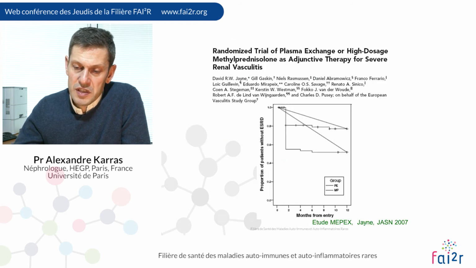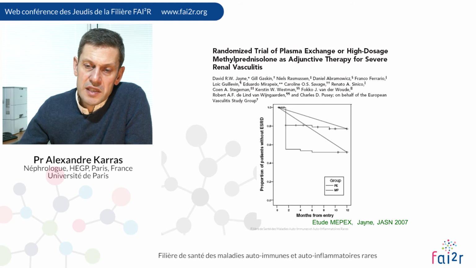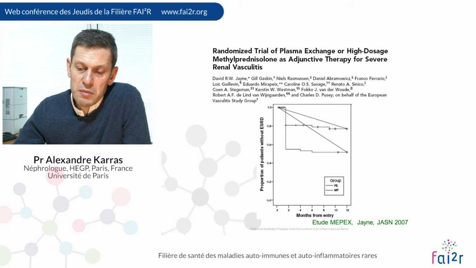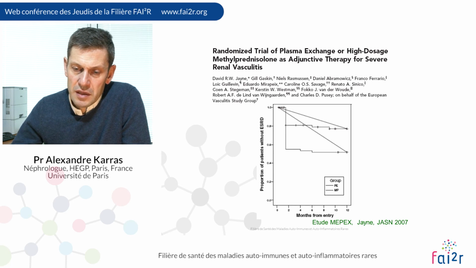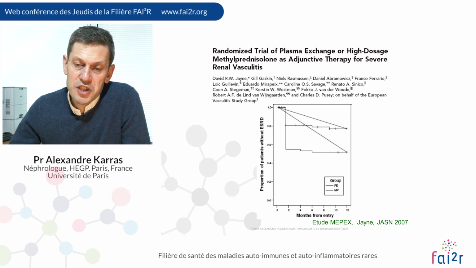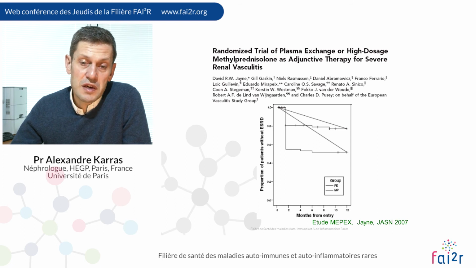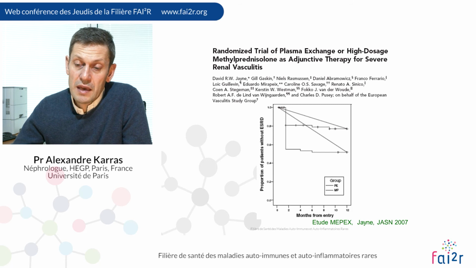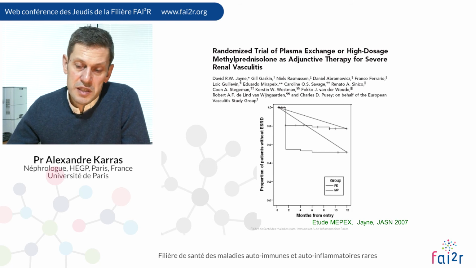This was based on the analysis of the MEPEX trial published in 2007, in which David Jayne and the EUVAS collaborators had shown that when we give plasma exchange as adjunctive therapy for severe renal vasculitis, we can reduce the risk of reaching dialysis therapy.